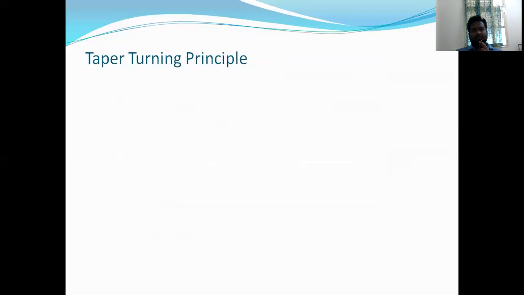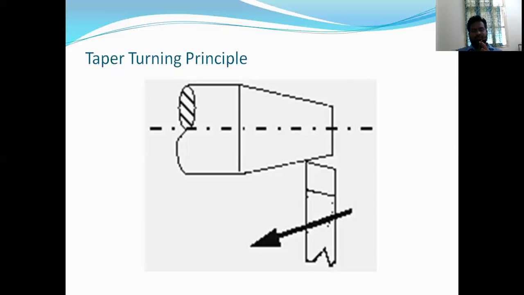Now we are moving to the compound rest method. Before discussing it, just observe this figure. This is our workpiece, and we are giving feed in this direction. We are giving feed in this direction. That means this is the workpiece axis and this is the cutting tool axis. Extended, they meet somewhere here.